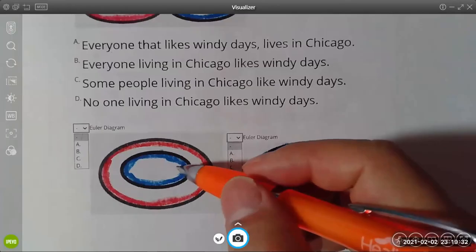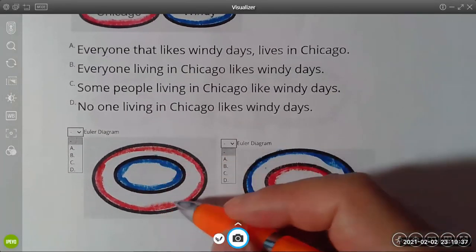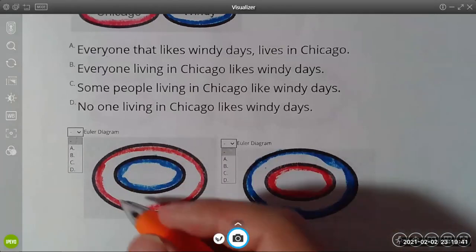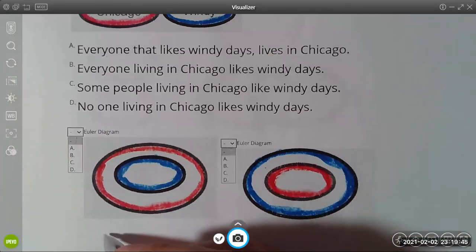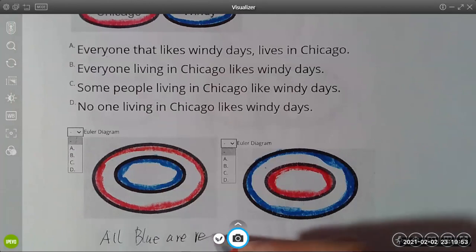Let's look at this one. This diagram says the blue circle is entirely inside the red circle, right? So you translate that into one of our four models. This means all blue are red. Basically, that's our model.